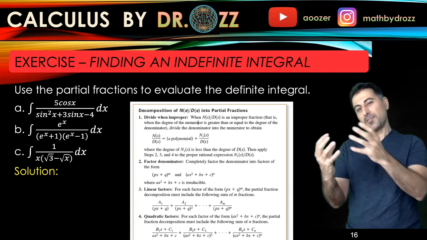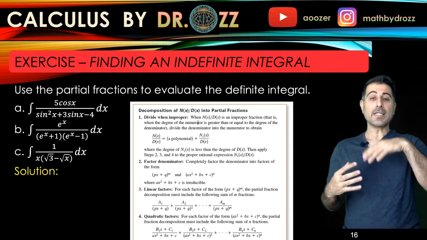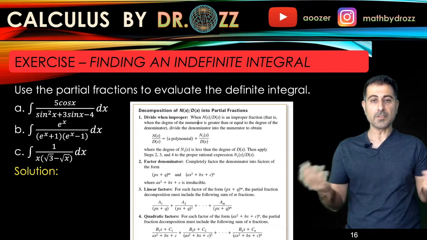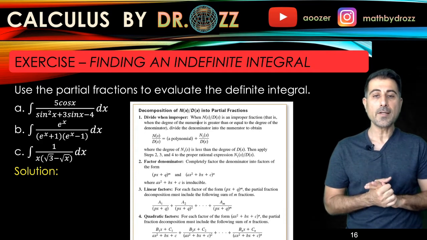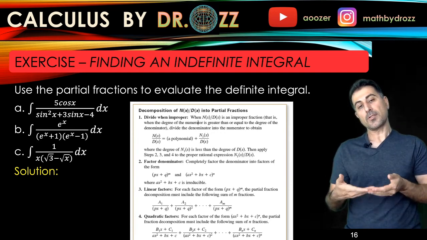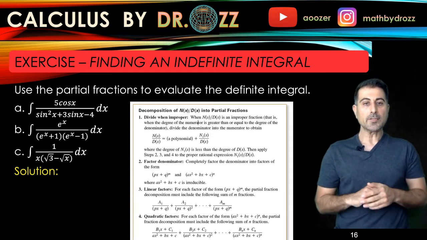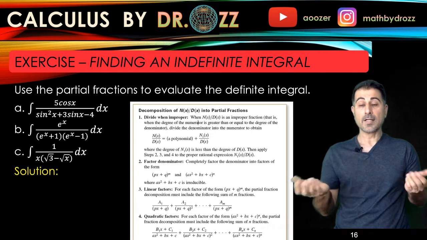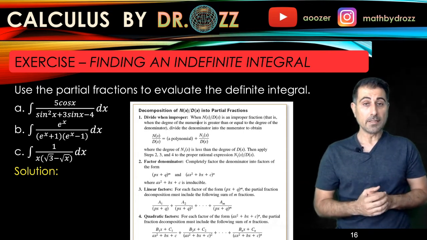Okay, so once you have those u substitutions, you can apply the guidelines here, the decomposition of rational functions into partial fractions. So then you're going to decide if the fraction is improper or proper. Improper means the degree of the top is greater than or equal to the degree of the bottom, and when it's improper, you have to rely on long division.